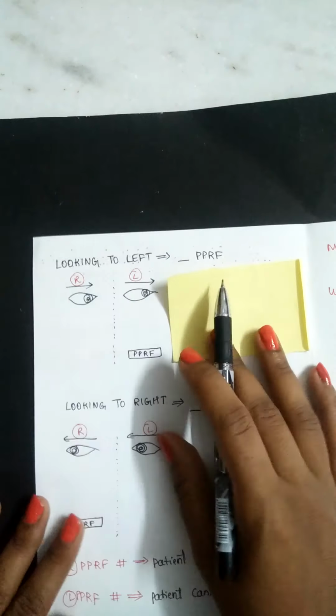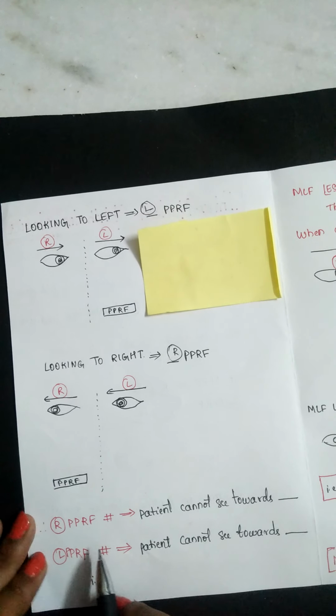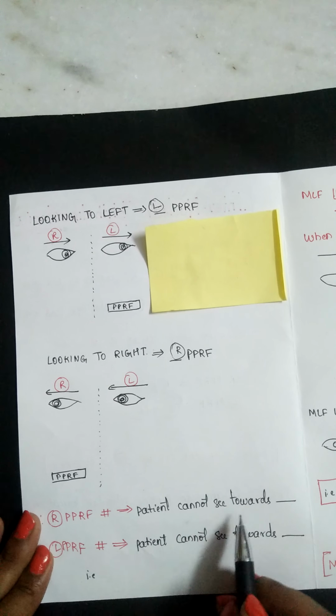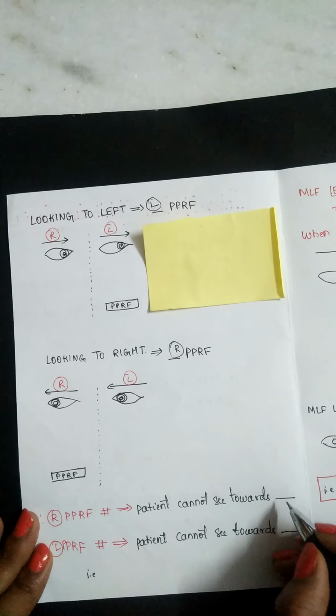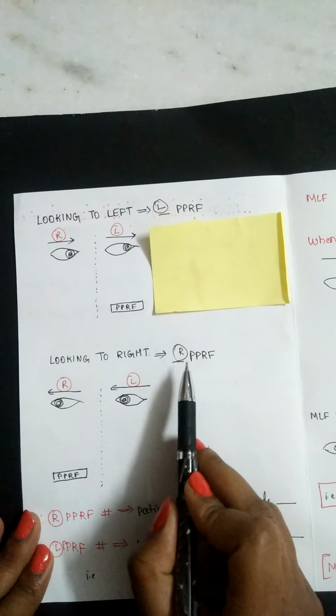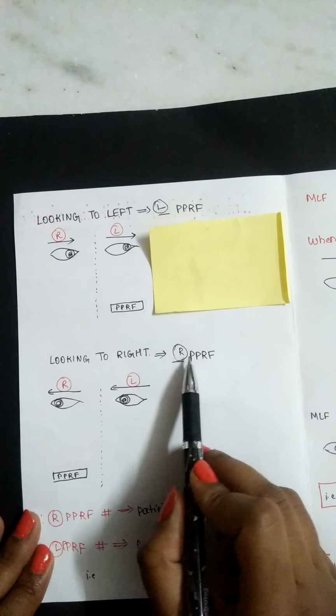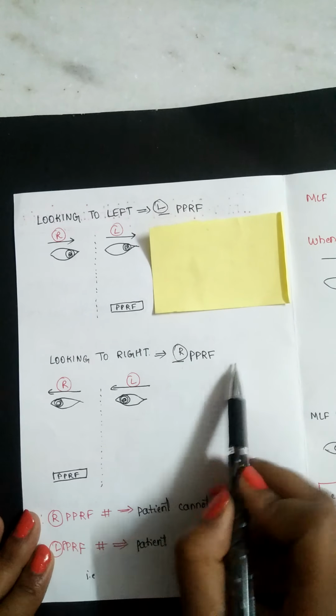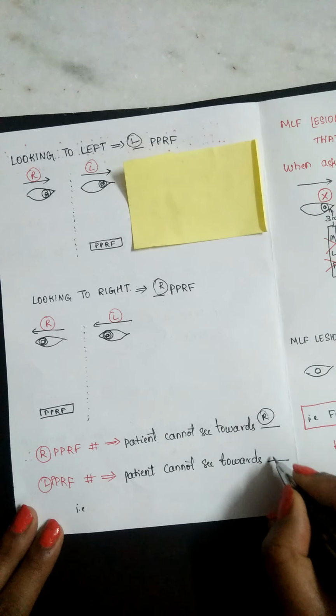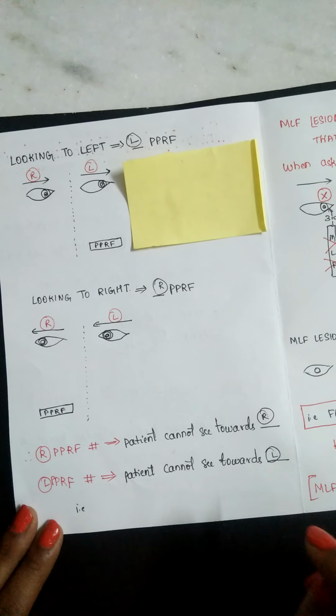Now, if a right PPRF lesion occurs, the patient cannot look towards the right side. It is always ipsilateral. If a left PPRF lesion occurs, the patient cannot look towards the left side.